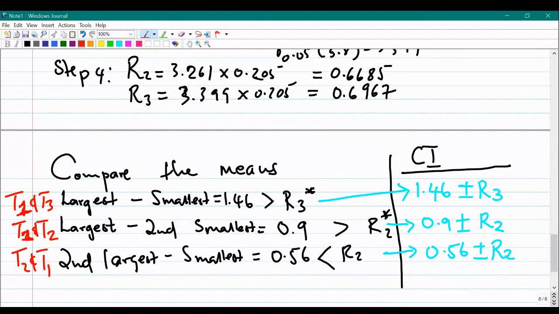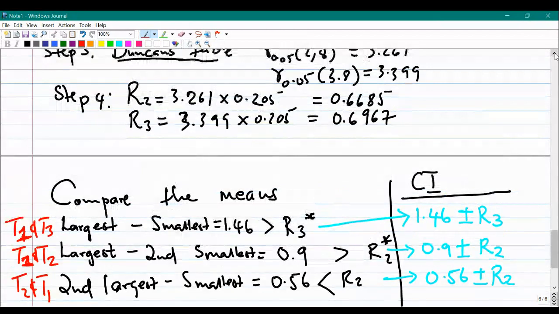Are we not supposed to compare it with R3? No, my brother, you ordered the means from largest to smallest, isn't it? So the first difference, you compare it with the largest range. When looking at this, what is your largest range here?